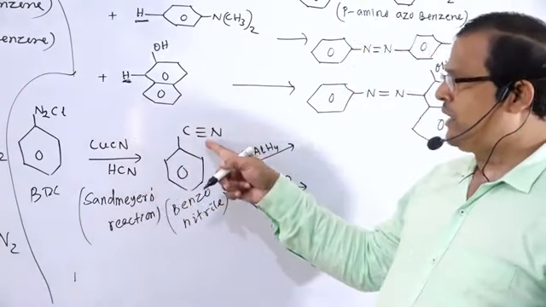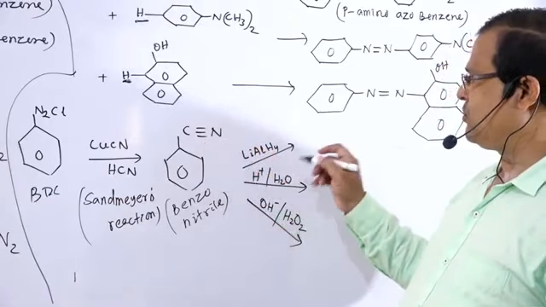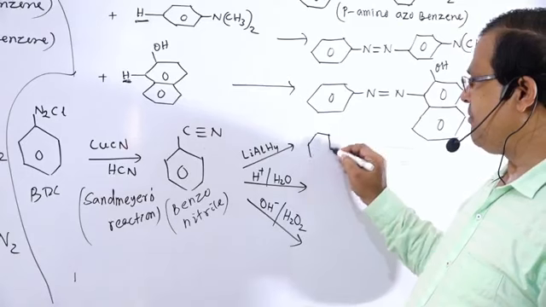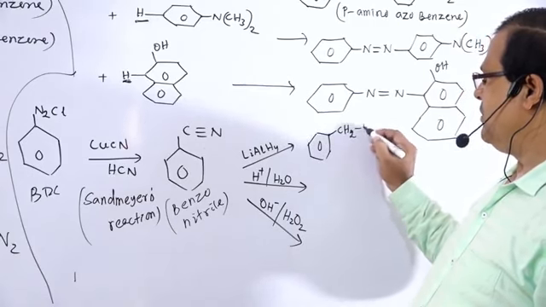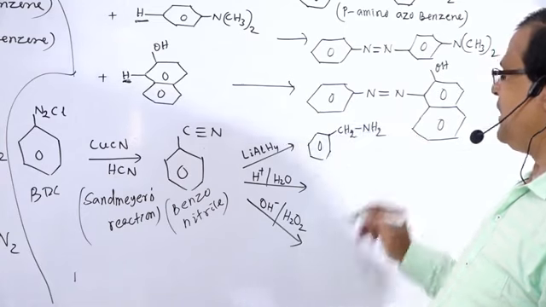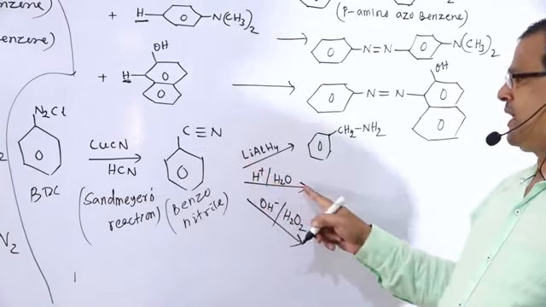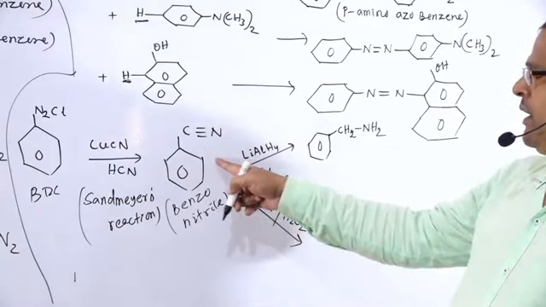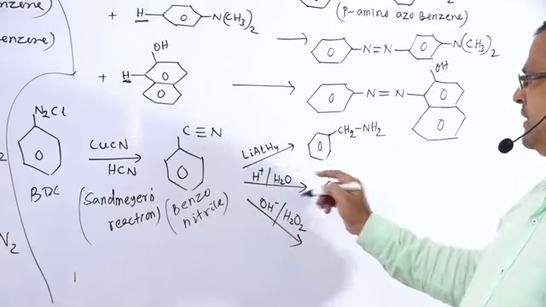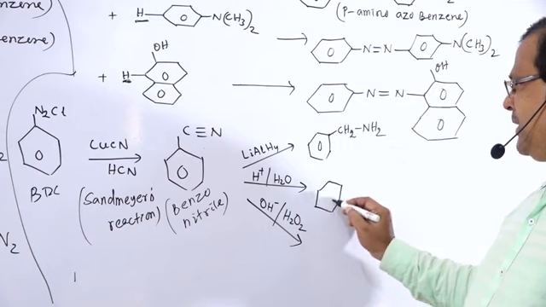This benzonitrile, on reduction, forms CH2NH2, that is benzylamine. When treated with H plus and water, that is acid hydrolysis, the CN group is converted to a COOH group, that is benzoic acid.